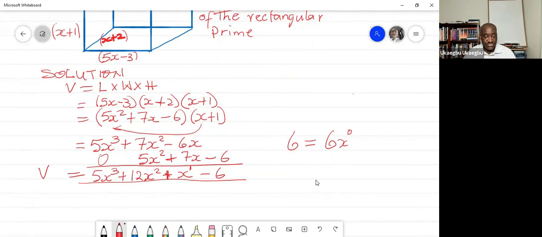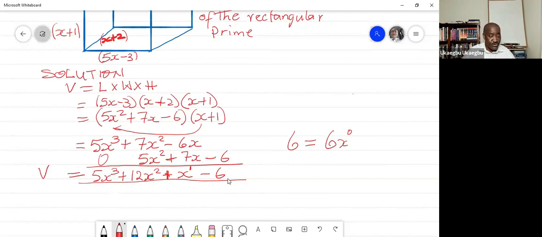Now, there are situations where the highest exponent is going to be more than 3. It can be 4, it can be 5, it can be 6. It can be any other number. So here, the highest exponent of the x variable is 3, followed by 2, followed by 1, followed by 0. So this takes us to the definition of a polynomial, or the standard form of a polynomial.